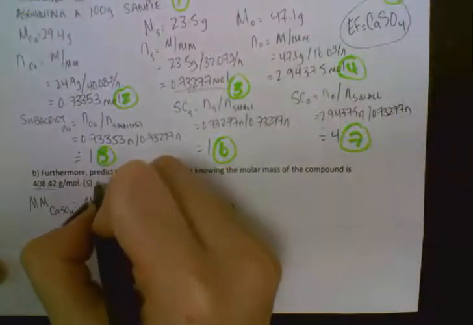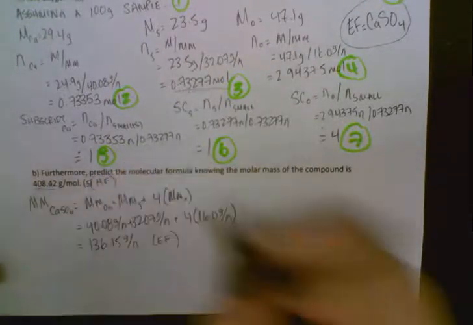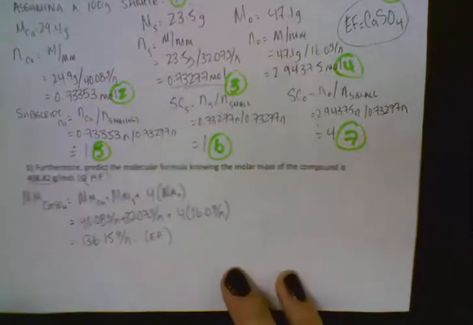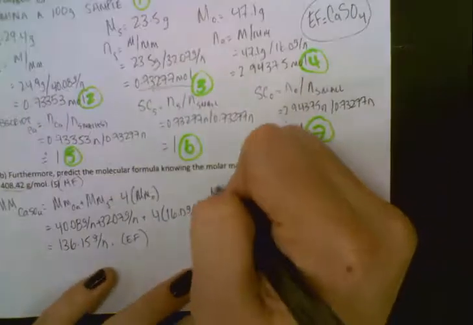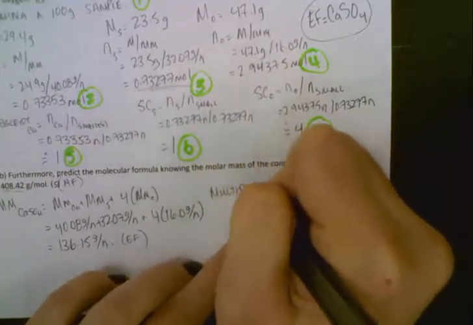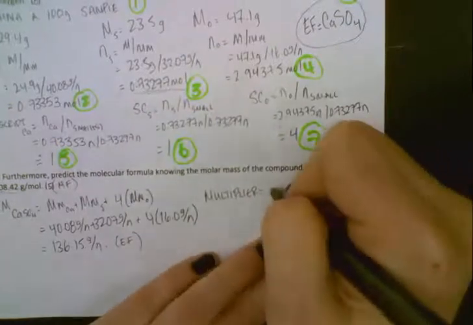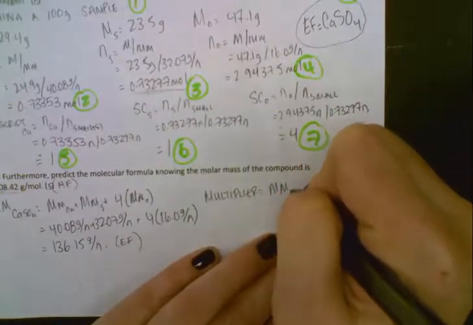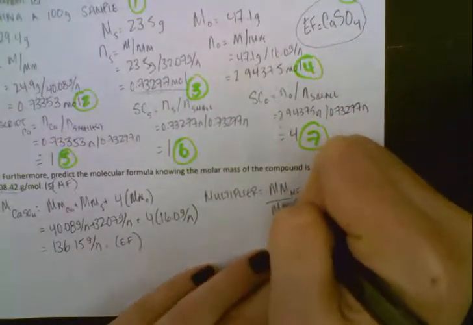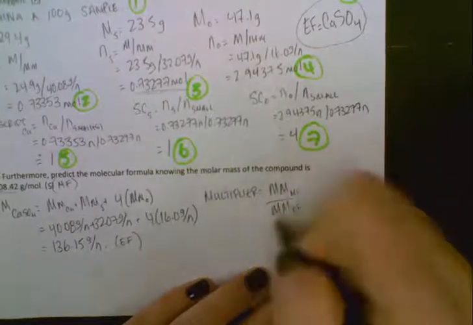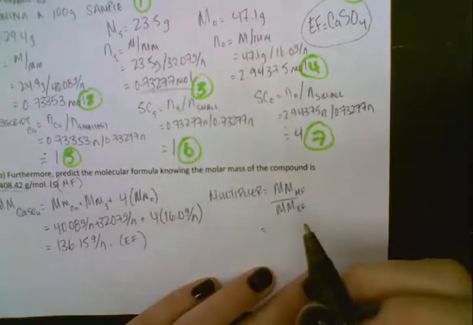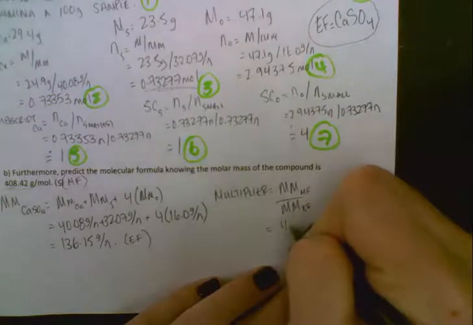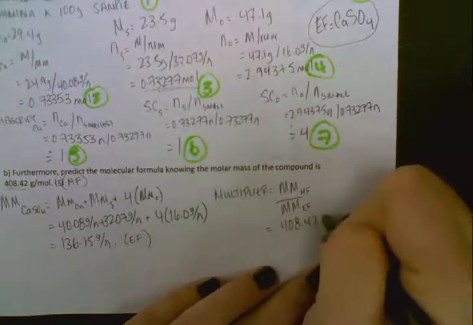And that's our molar mass of our empirical formula. What's given to us up here is the molar mass of our molecular formula. So using those two numbers, we're going to calculate what our multiplier is. Okay, which is the molar mass of the molecular formula divided by the molar mass of the empirical formula. So the molar mass of the molecular formula is given to us in the question, 408.42 grams per mole.